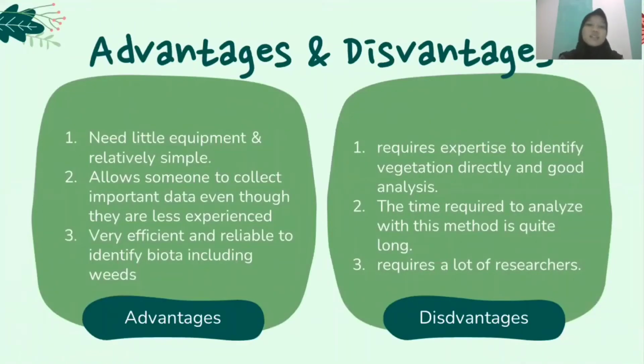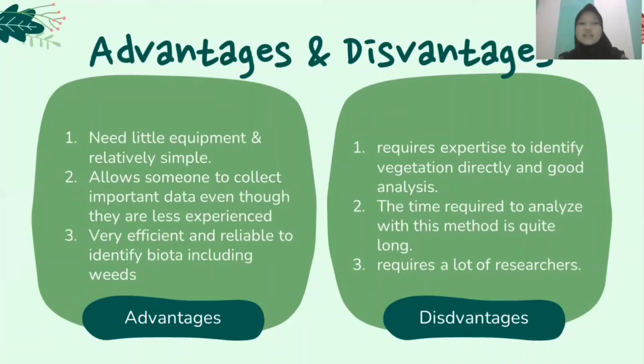There are advantages and disadvantages of the line transect. The advantages, the first one is need little equipment and relatively simple. The second one is allow someone to collect important data even though they are less experienced.